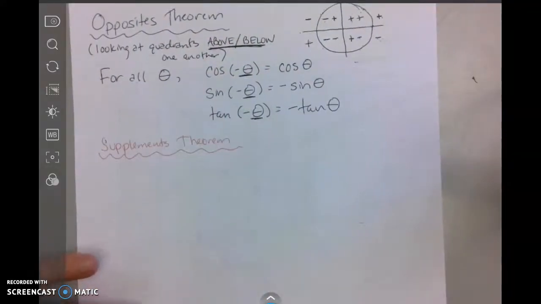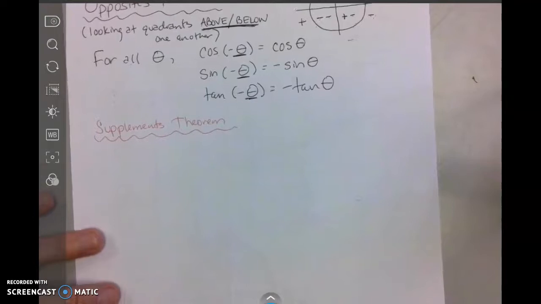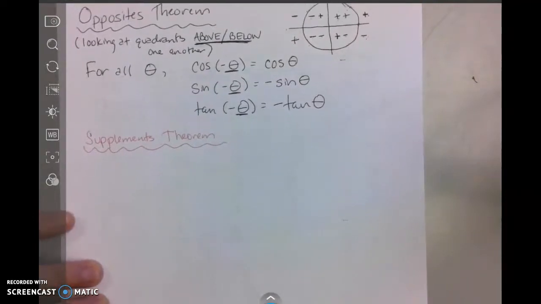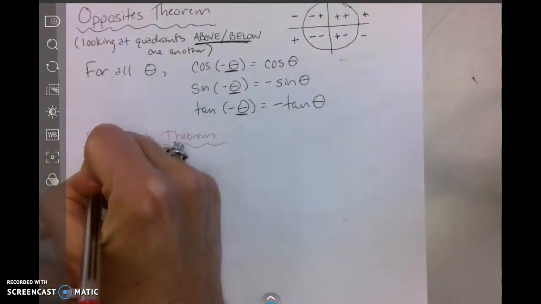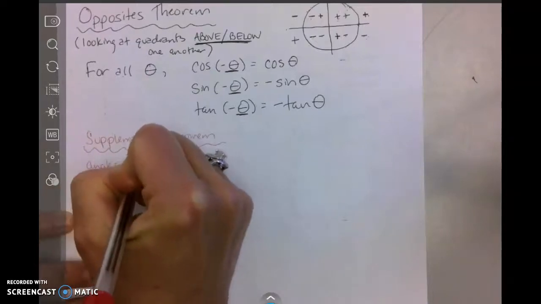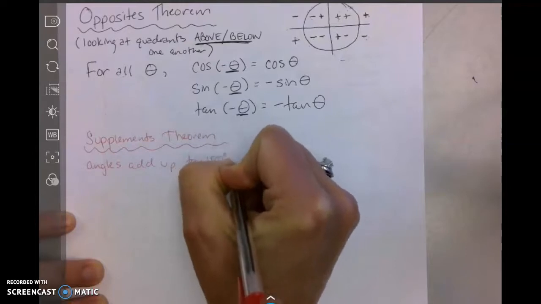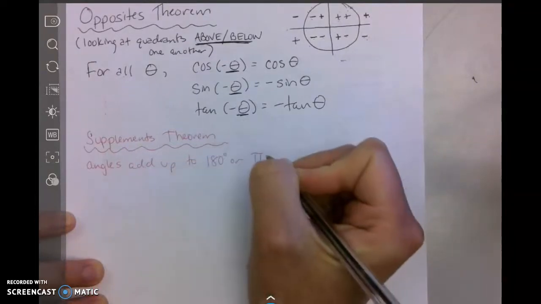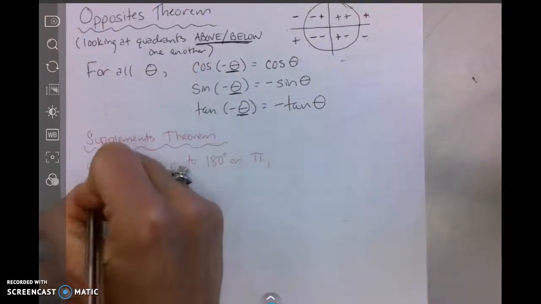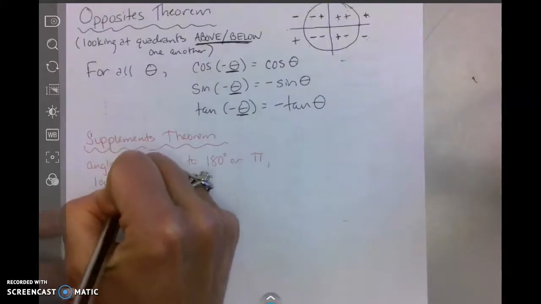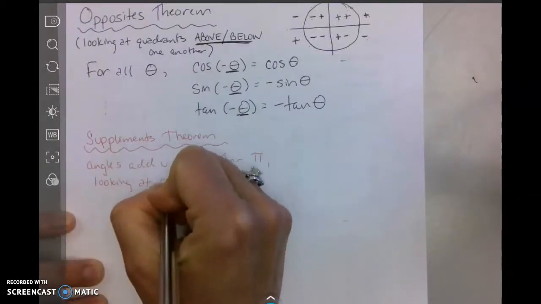And for the supplements theorem, as you know, supplements are angles that add up to 180, or pi. And so we are looking at quadrants.